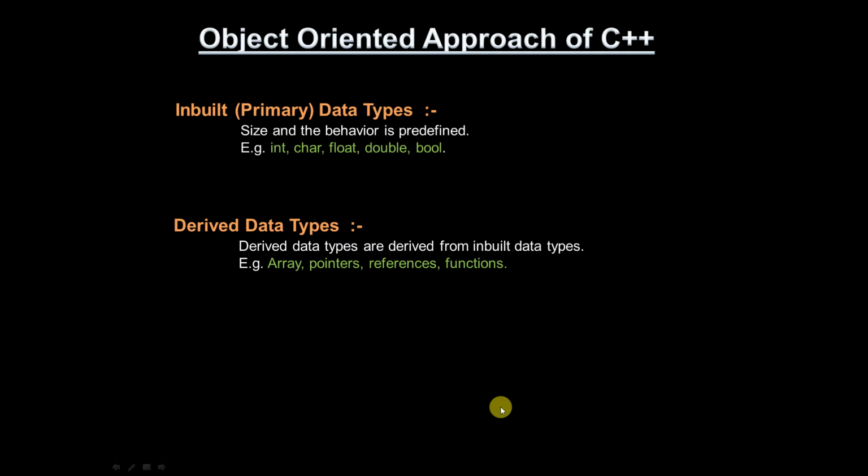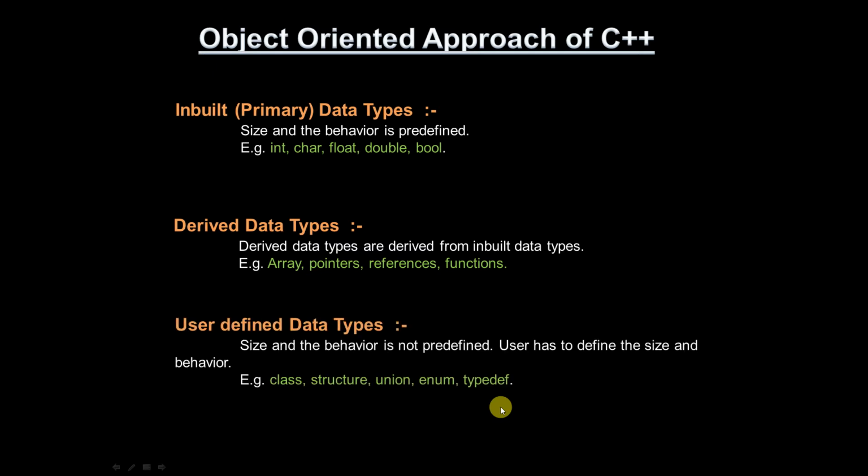Now the third one, and the important one, is user defined data types. Here, the size and the behavior are not predefined. When you are doing a project and writing a structure or a class, say an employee structure, your programming language doesn't know how much size is defined for that.